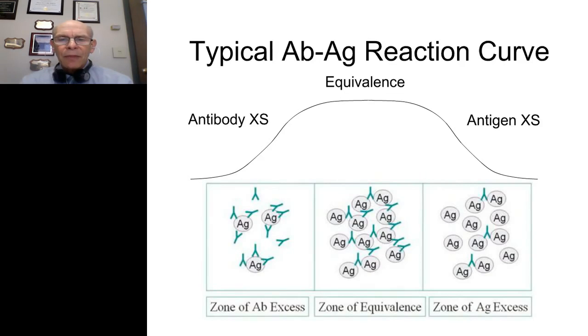Why is that? Well, it's because in the zone of equivalence, you form large antibody-antigen complexes, where the ratio of antibody to antigen is about 1 to 1. When you have large amounts of excess antigen, such as seen at the right, the ratio of antigen to antibody is huge, maybe 10 to 1. In this case, you're only going to form simple complexes of 2 antigens to 1 antibody.